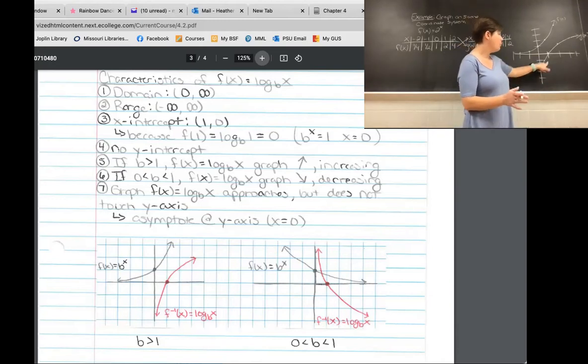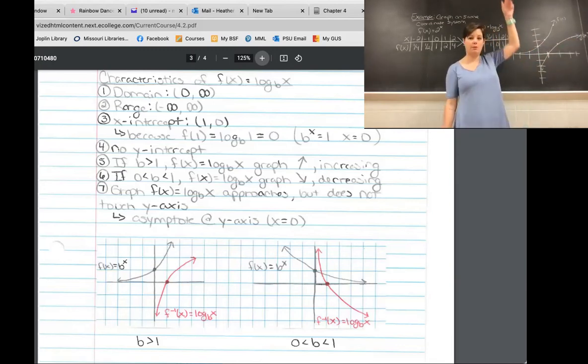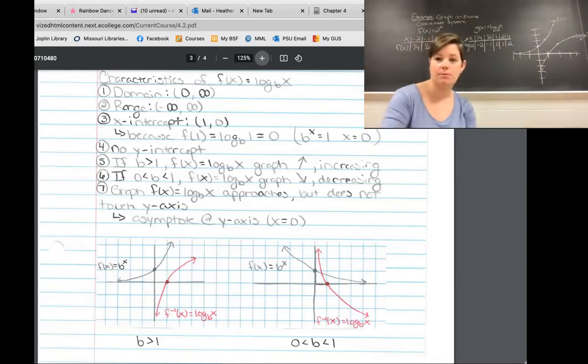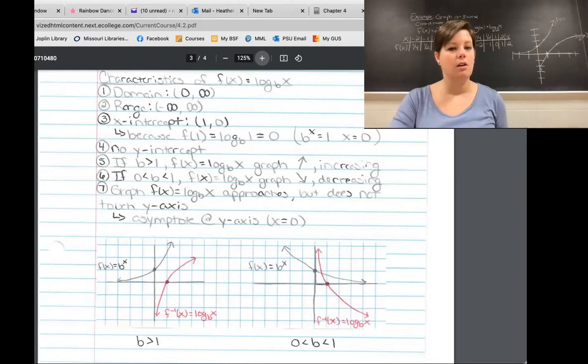There's no value for y that this graph is not going to hit. It's going to go on forever and ever, up and down. Whereas 4.1 told us that our range was 0 to infinity because with the exponential, you never cross that x-axis. So they kind of flip-flop, and that's kind of neat.